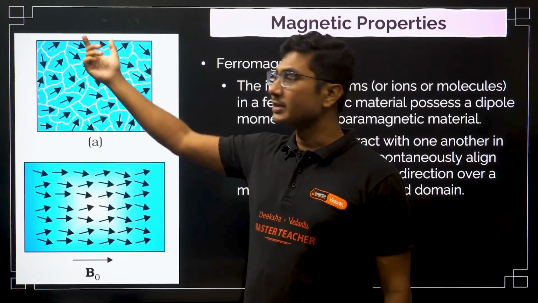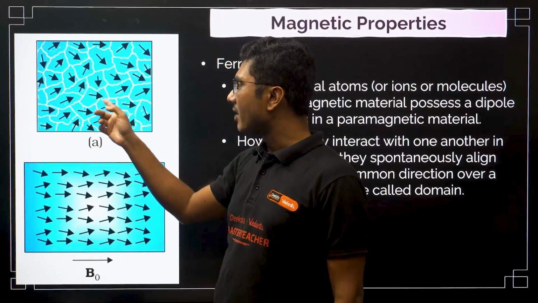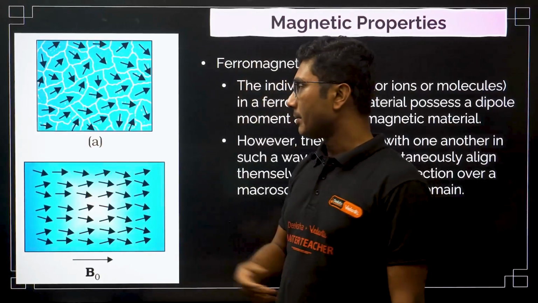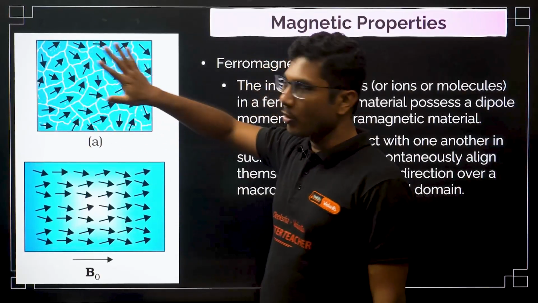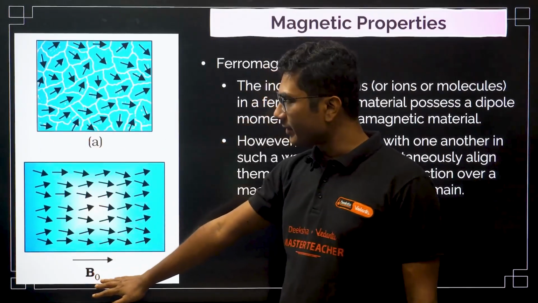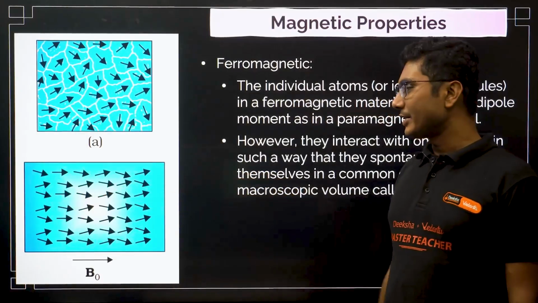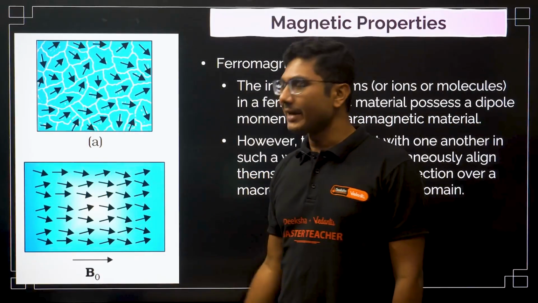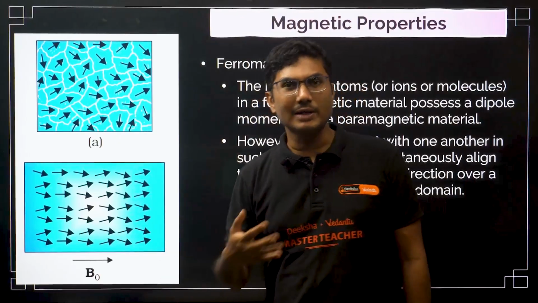If you consider this diagram, all these small zones have a permanent magnetic dipole moment. Normally they are randomly aligned, but if you apply an external magnetic field, they quickly get aligned in the direction of the applied magnetic field and they become a magnet. That's how they show magnetic properties.